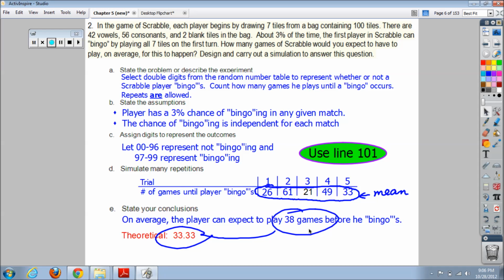So chances are what I should have done more than anything was maybe 50 simulations and then taken the average. And if I took the average of my 50 trials, then the number I would get here would probably be much closer to this 33 1/3.